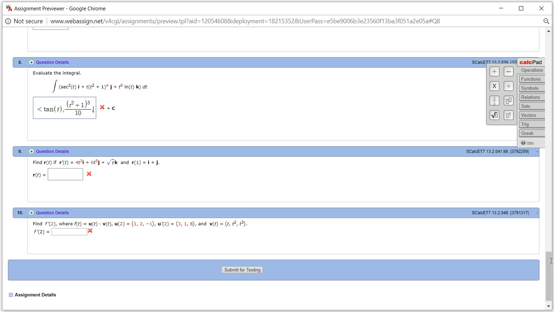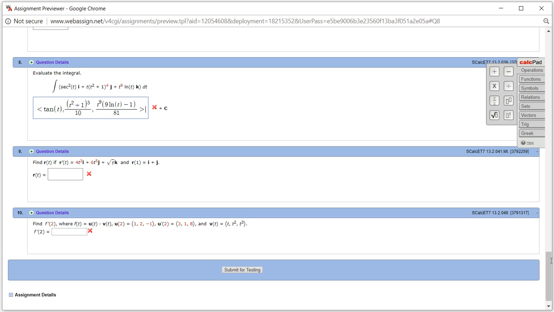And the third component is t to the 9th power times (9 natural log of t minus 1), divided through by 81. Then close that. So that's the integral.